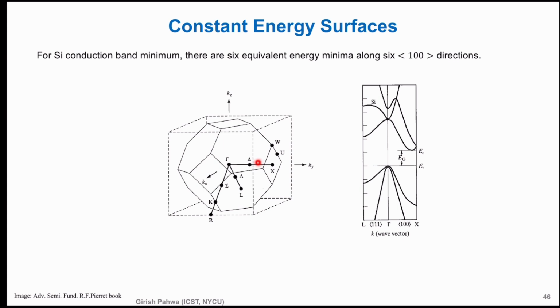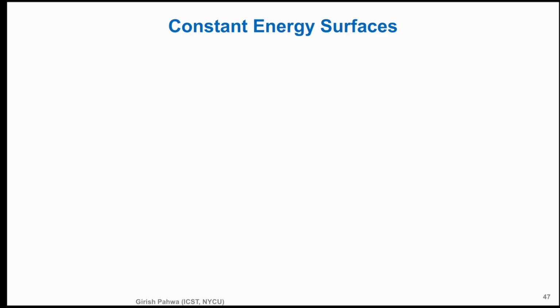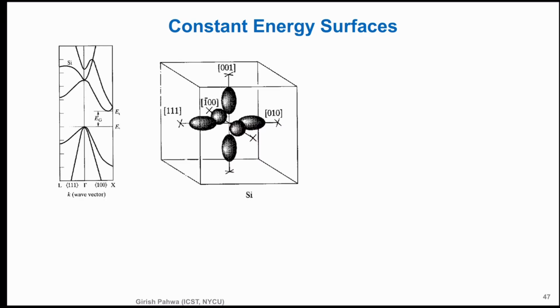Because of that, it won't be a sphere. It will again be an ellipsoid. So for silicon, the constant energy surfaces will look something like this. You have 6 ellipsoids along 6 directions, 100, 010, and so on, and they all look like ellipsoids.